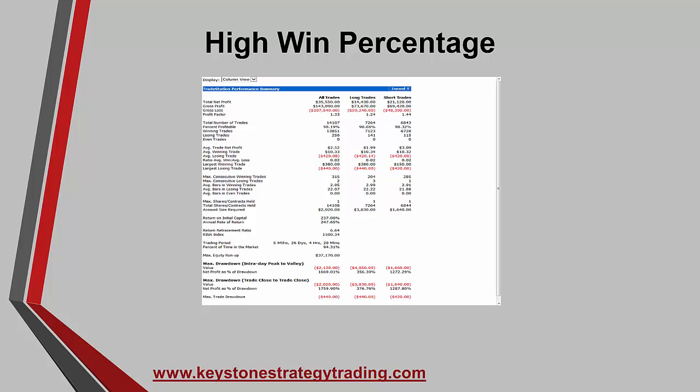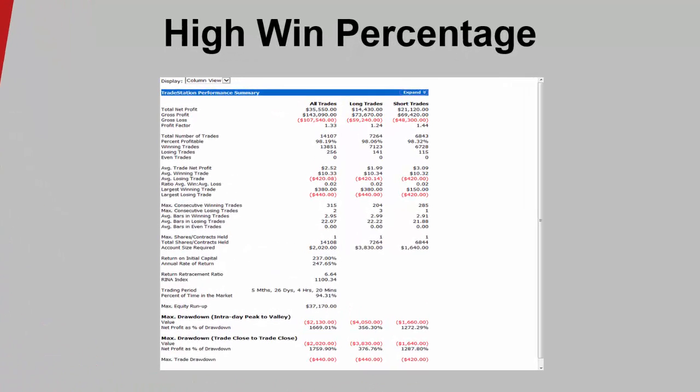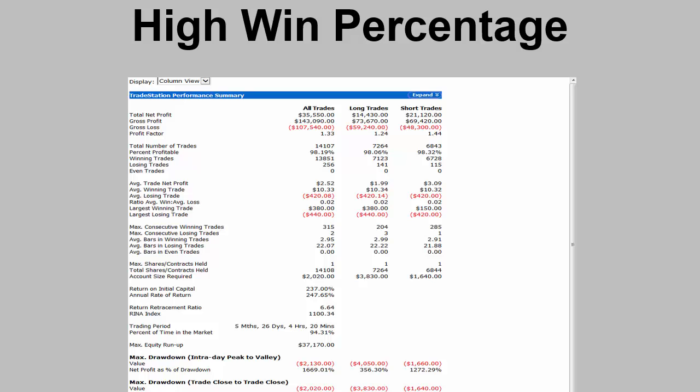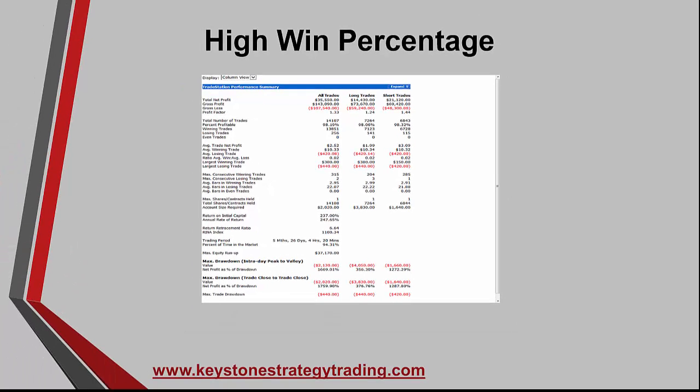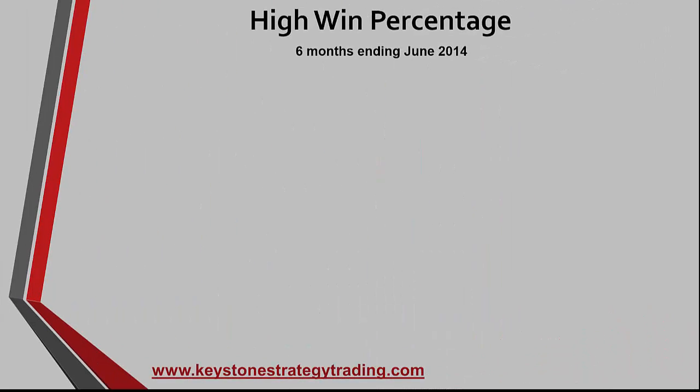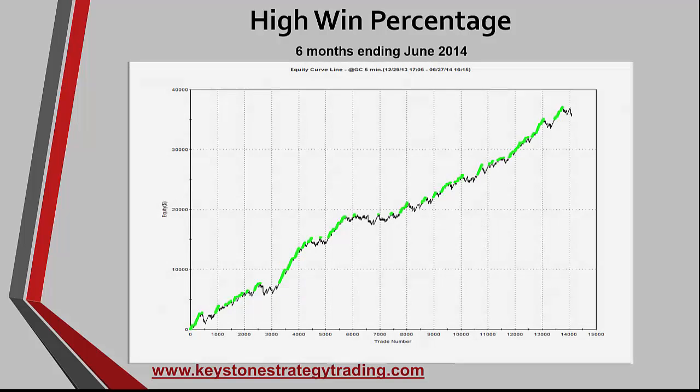So this is not a strategy you want to trade, but it demonstrates a point. This strategy produces 98% wins. So 98% plus of the time in the back-tested data, it would win. Okay. Well, let's go look at the equity curve for 6 months ending June 2014. So this is that strategy, and here's what the equity curve looks like.